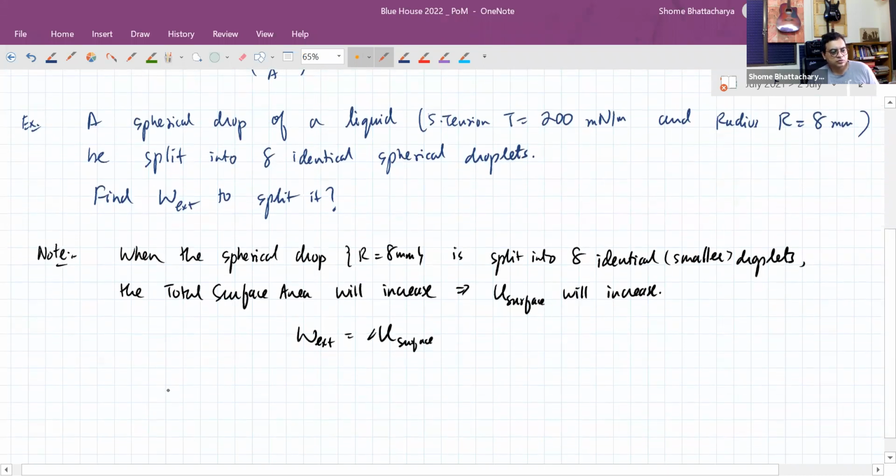Okay. So first of all, 4 by 3 pi R cube, the volume of liquid initially, will be equal to 8 times 4 by 3 pi small r cube, where small r is the identical radius of the new droplets.